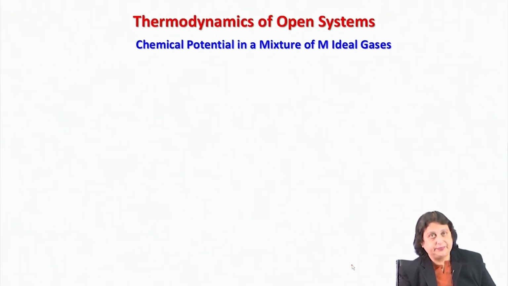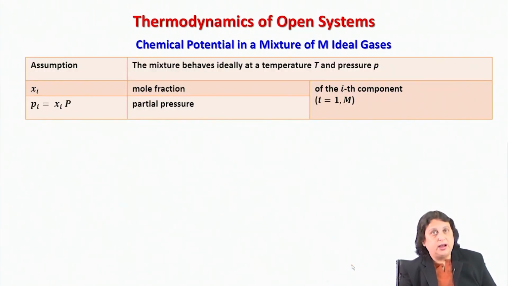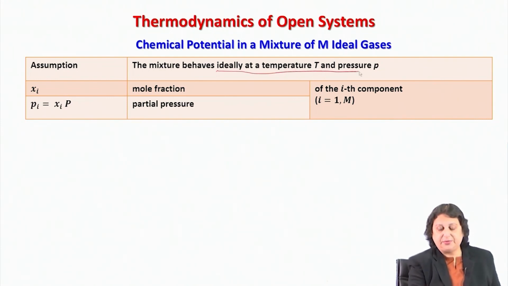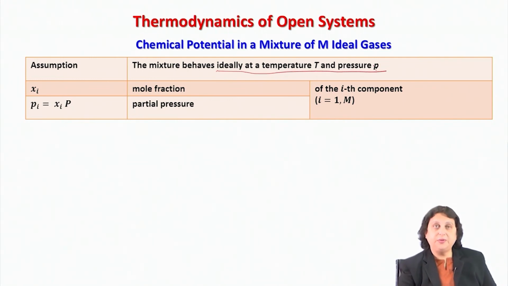ideal gases. So here I would assume the following. I would assume that the mixture that I am talking about here behaves ideally at a temperature T and pressure P. And I'm going to use certain quantities which are very commonly used in the description of such mixtures.